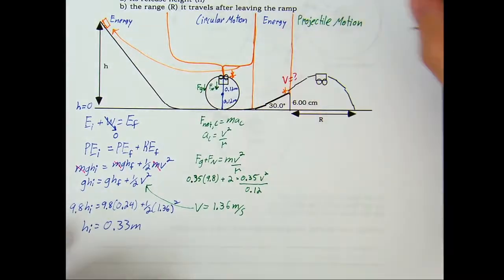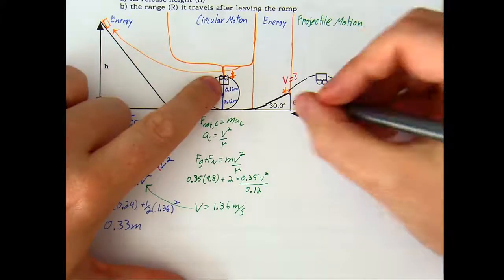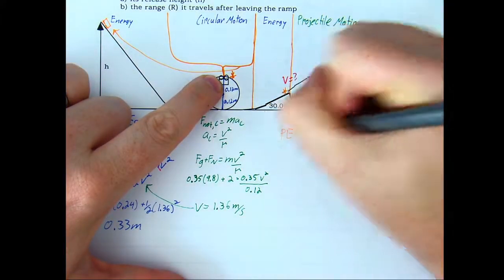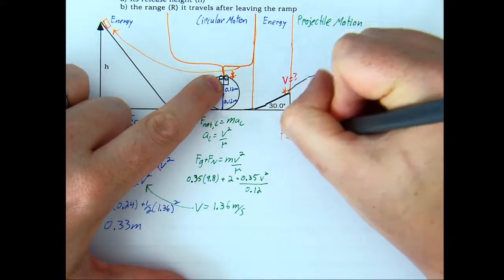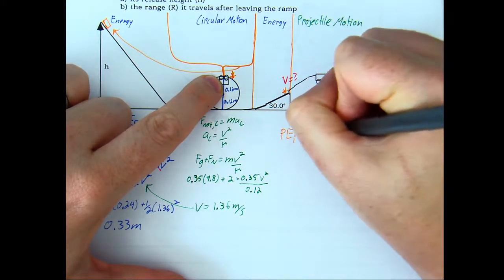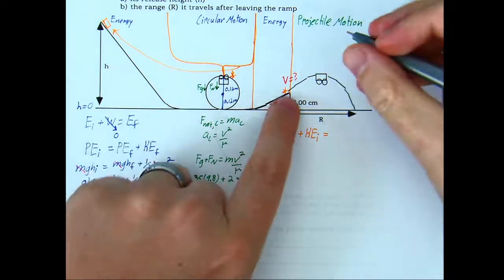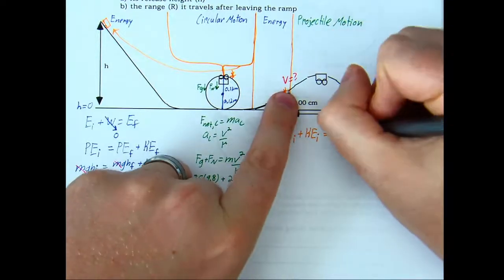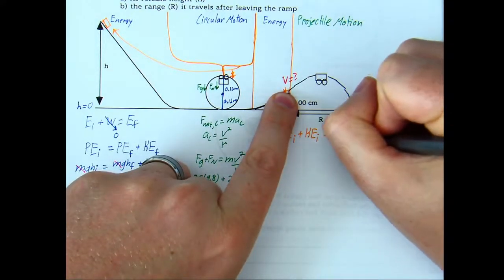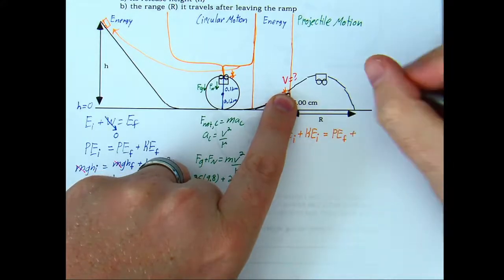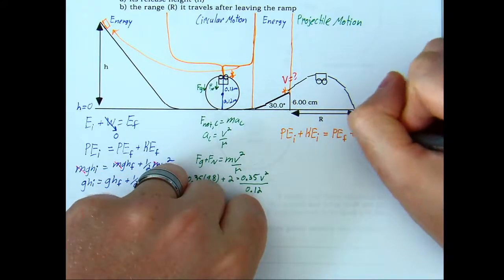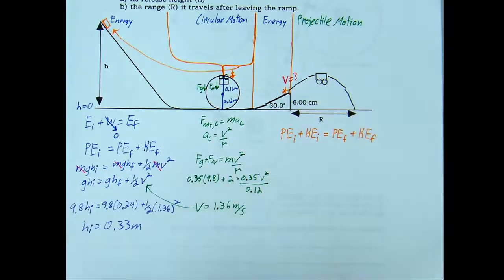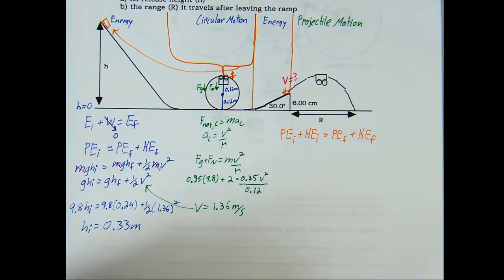So for this section here, we know to start, it has potential energy. It's also moving at that point, so it has kinetic energy at that point, and that's going to equal, here it has some height, so potential energy final, and it's going to have some kinetic energy final. So let's run this through.